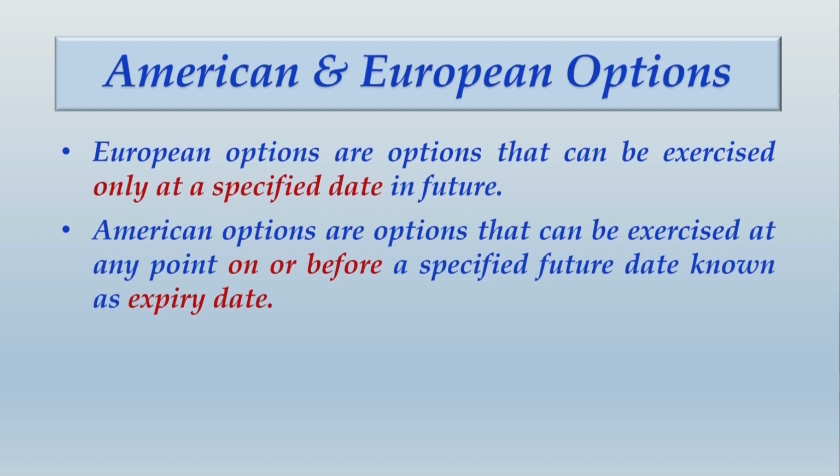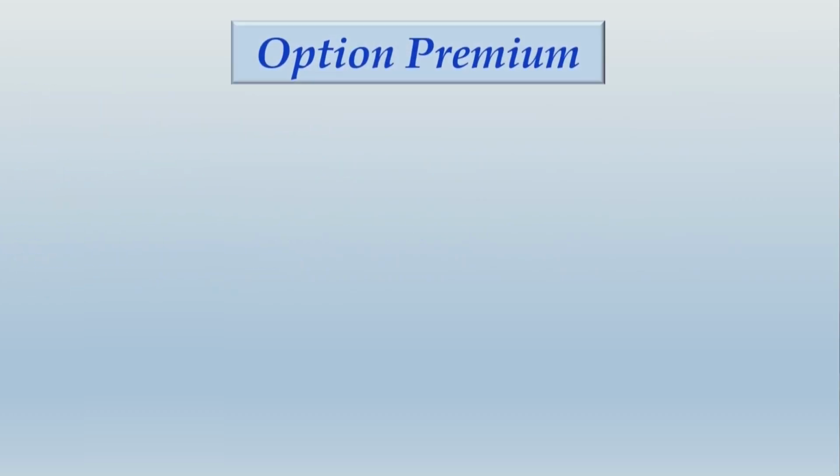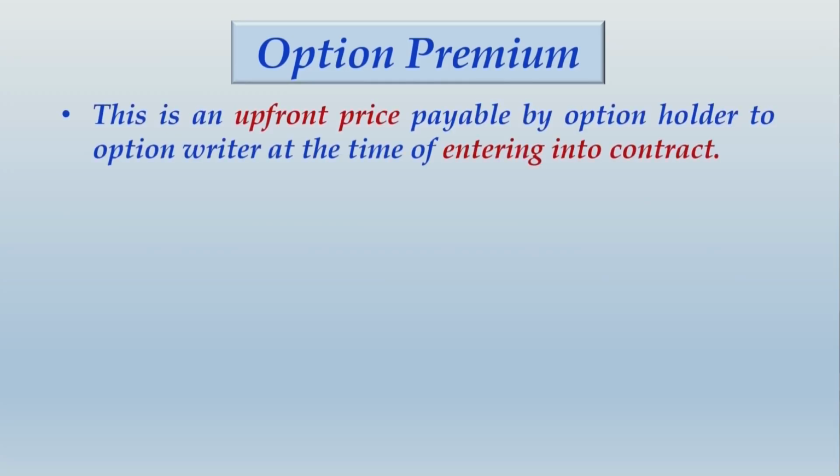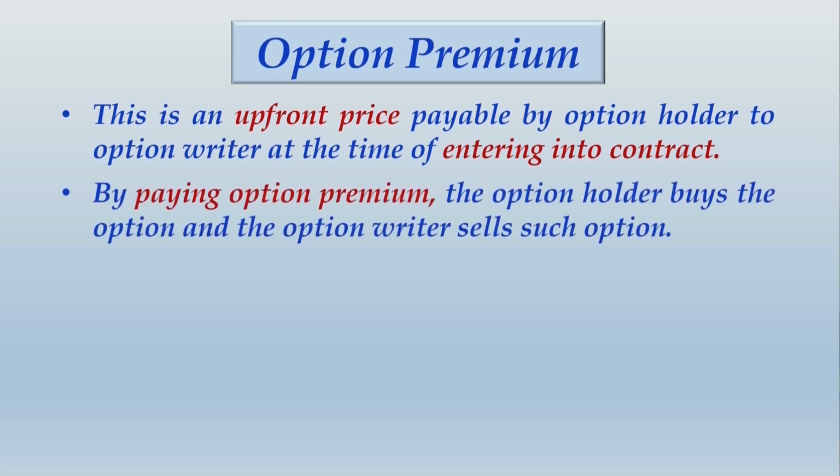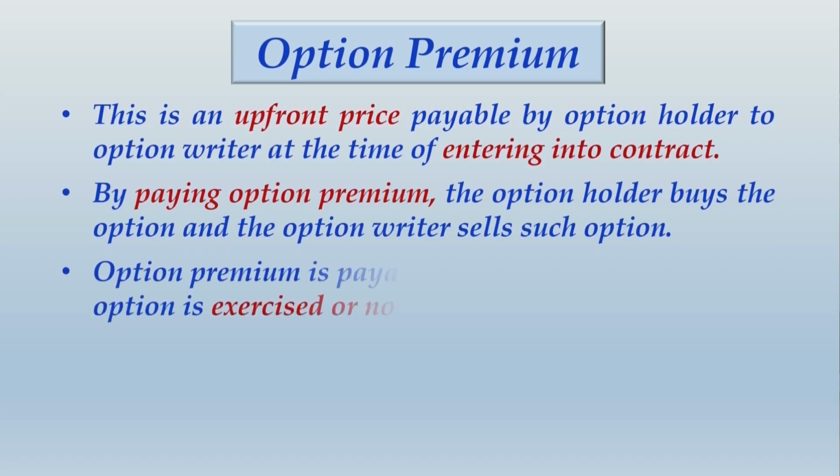Alright friends, once you have completed writing this much, let us write something about option premium. I have explained it to you already. This is an upfront price payable by option holder to option writer at the time of entering into contract. By paying option premium, the option holder buys the option and option writer sells such option.